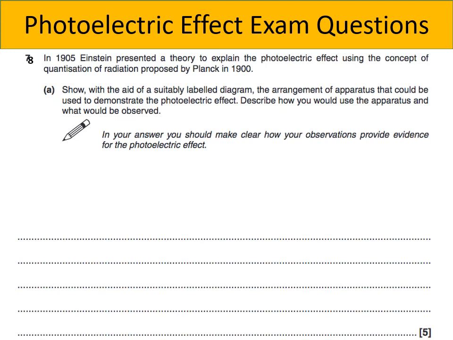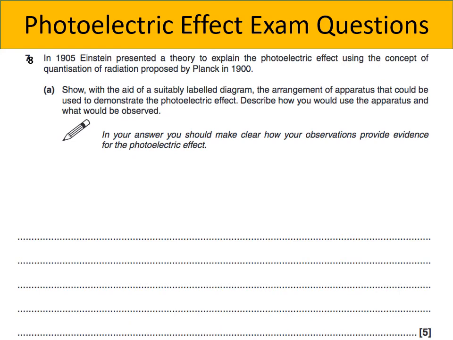Question 8, part A, and just this part is worth 5 marks. In 1905, Einstein presented a theory to explain the photoelectric effect using the concept of quantization of radiation proposed by Planck in 1900. Show, with the aid of a suitably labeled diagram, the arrangement of apparatus that could be used to demonstrate the photoelectric effect.